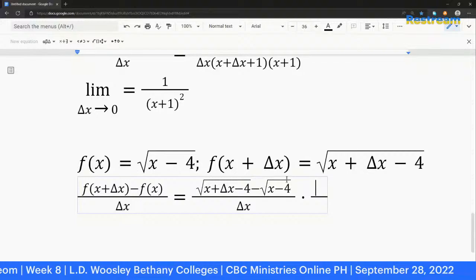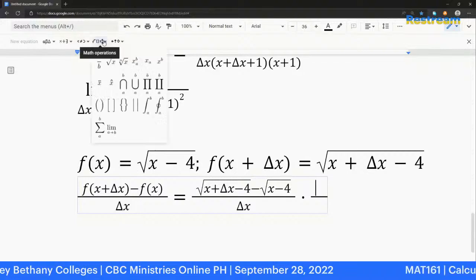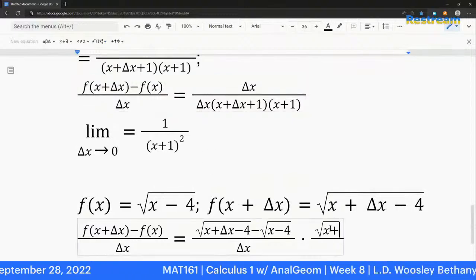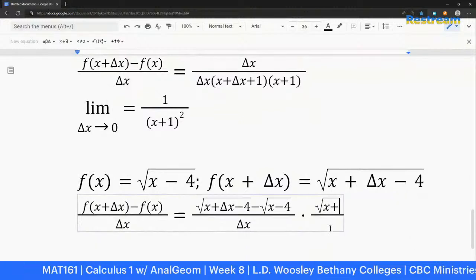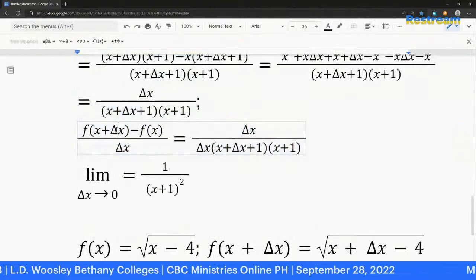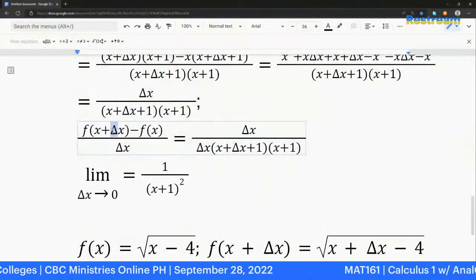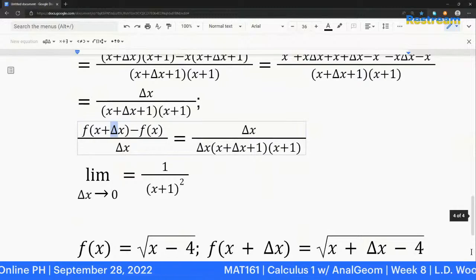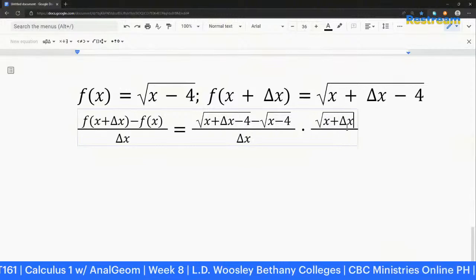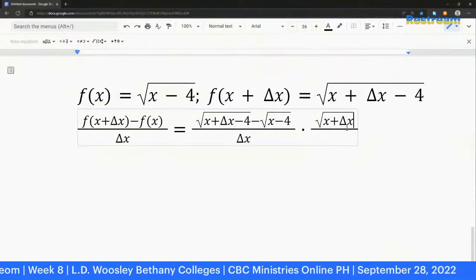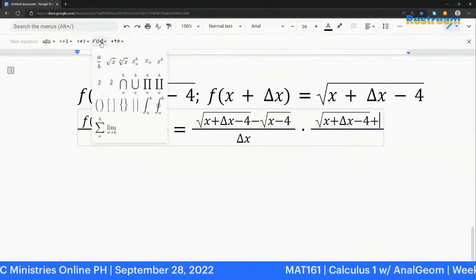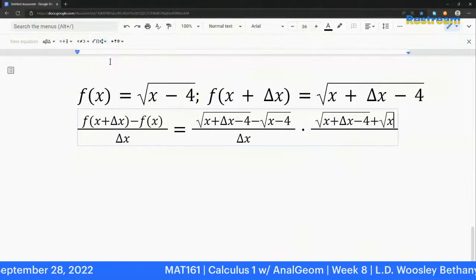Sige, tuloy na natin dito. So, pag rationalize mo yan, x plus delta x minus 4 plus x minus 4, alright?